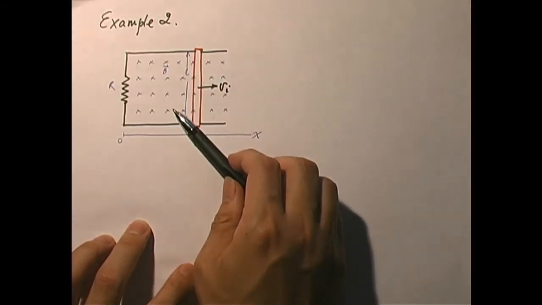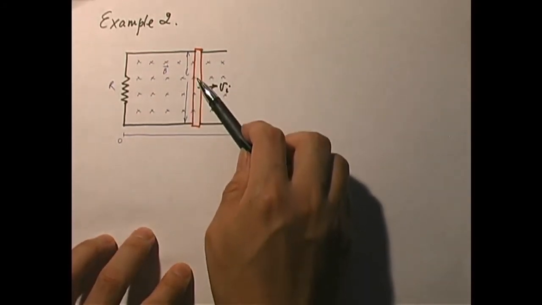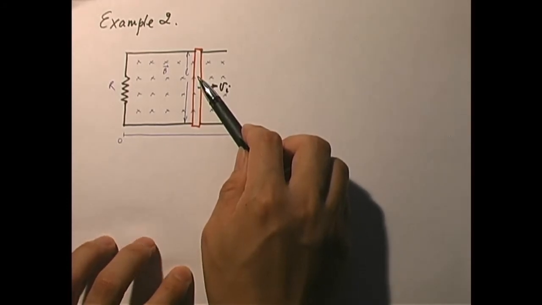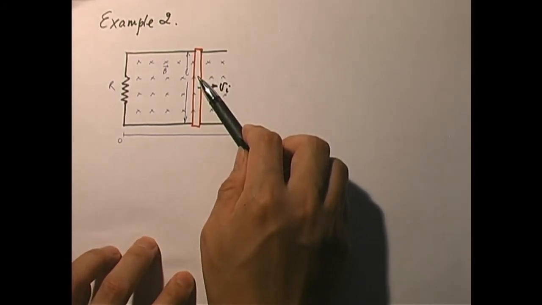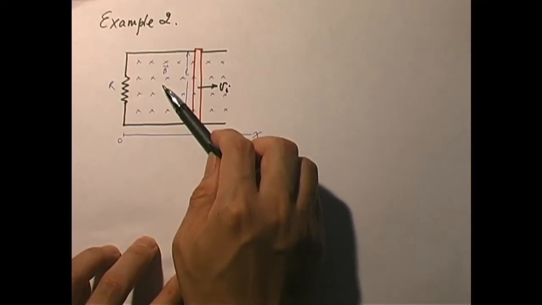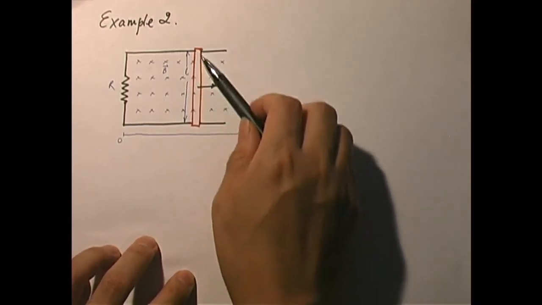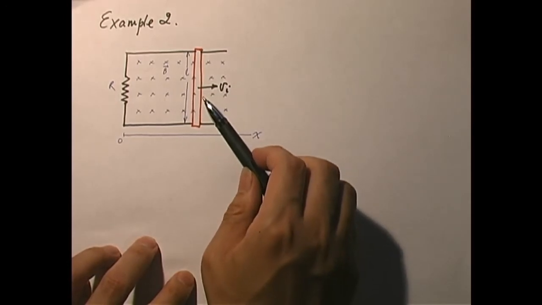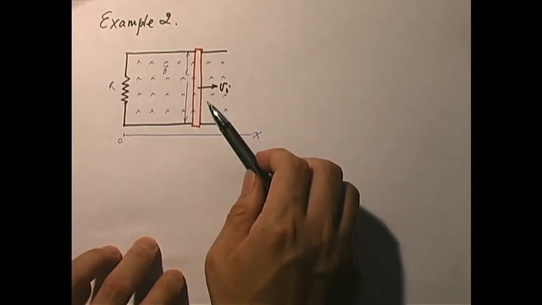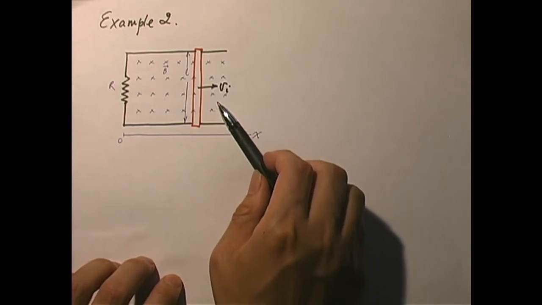And that current will then pass through this bar, and this bar, with a current flowing through it, will be subject to a magnetic force under the influence of this magnetic field, and that force will influence the motion of the bar, so the bar will no longer be under zero acceleration. Its speed will change.